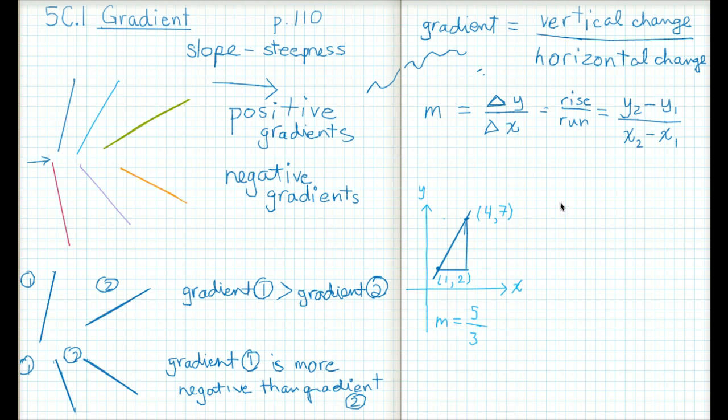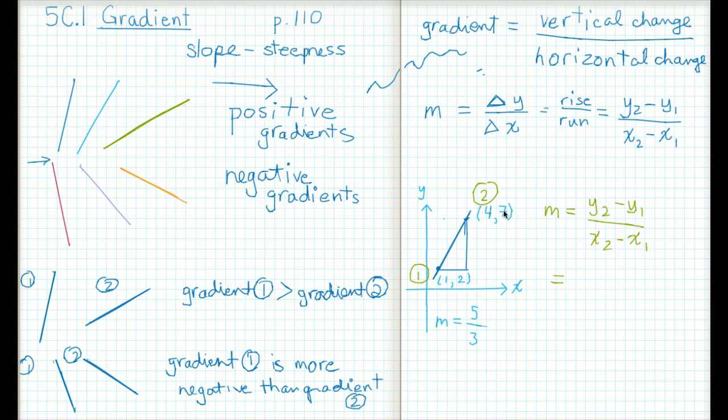If I now use the points, let's do this in a different color so we can see the different method, and use the formula m equals y2 minus y1 over x2 minus x1. I first have to know which is my second point, which is my first point. So let's call this point 2, and this is point 1.